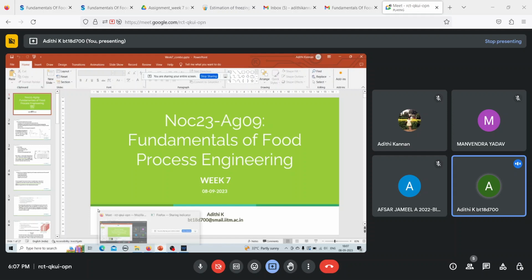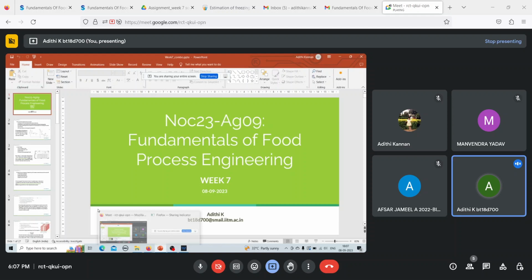So the surface temperature of the part that has been frozen already is almost equivalent to the air temperature around the food material, and Tf is the freezing point of the food material. So only when the food reaches its freezing point will it start crystallizing out. These darker orange regions are the crystallized regions, and the light orange regions are the ones that are yet to be frozen.